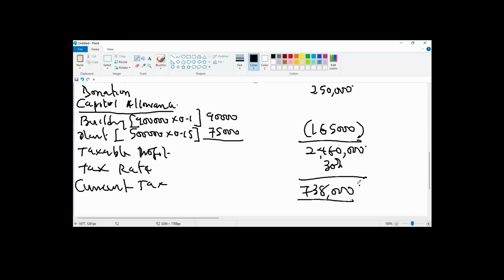So it's the combination we are now in. If we go to question 16: identify the tax base and the temporary difference for each of the items given, calculate current tax, calculate deferred tax, calculate income tax expense.